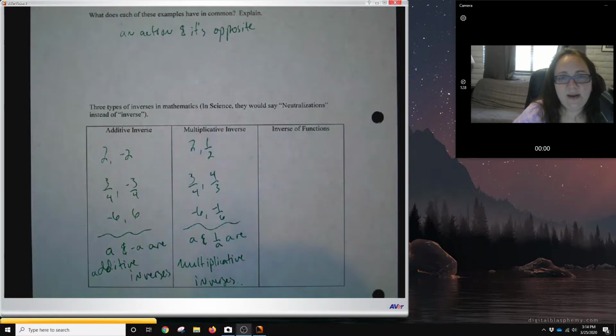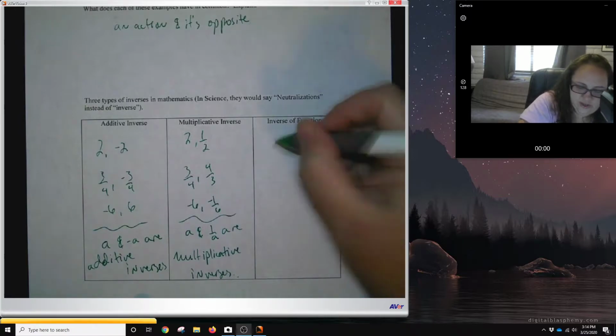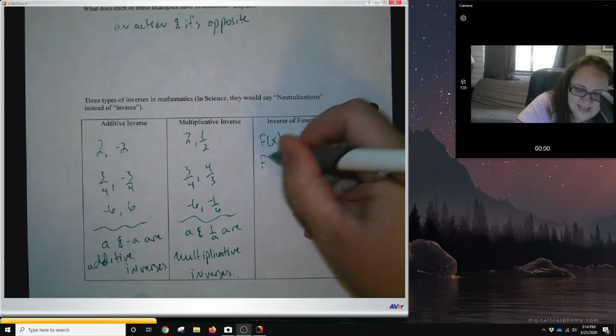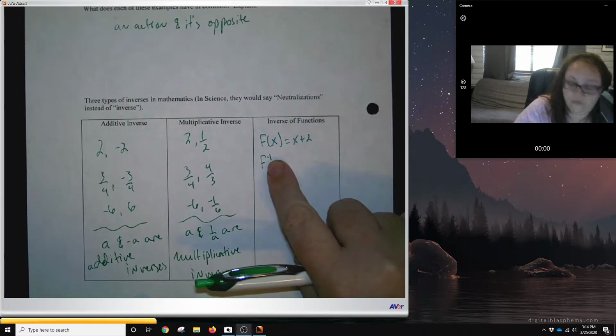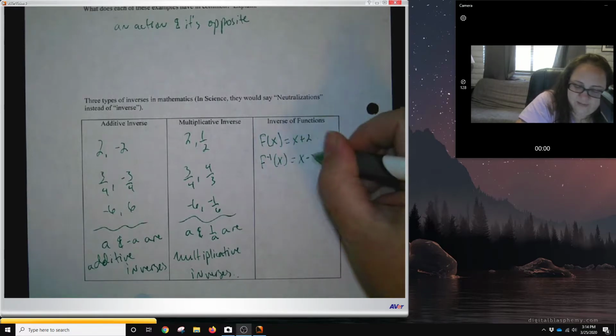We see the same idea with functions, where we have functions that undo other functions. For example, if I have a function that adds 2 to x, then its inverse, you see that little -1, that means that they're inverses, would subtract 2.